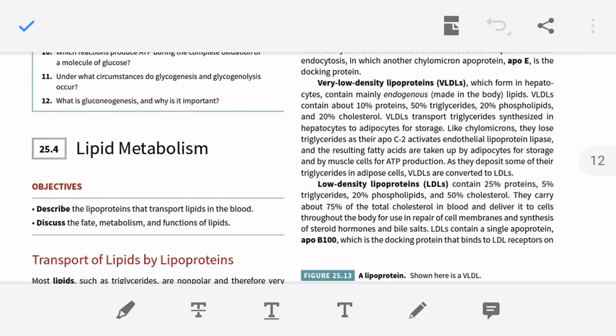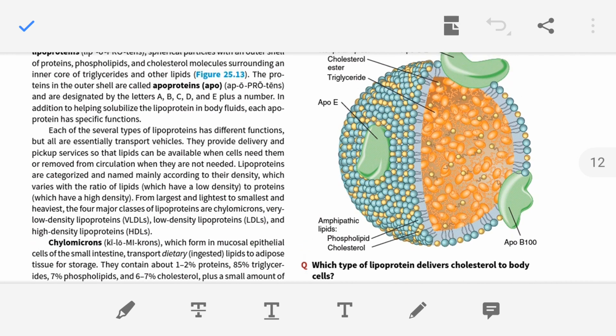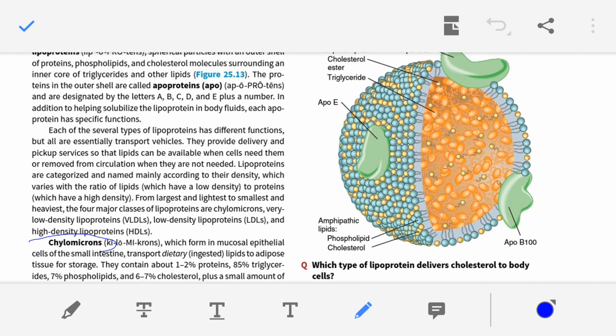where are these chylomicrons going? Now in this figure, the structure of the chylomicron is shown.